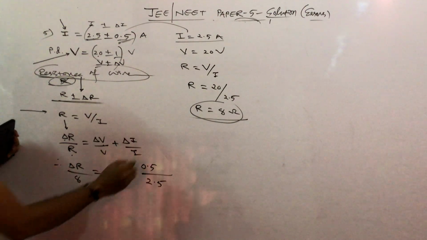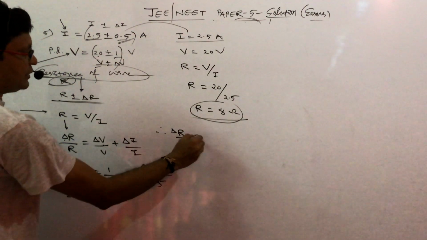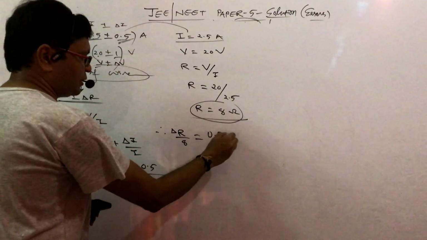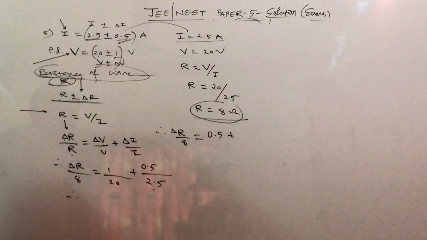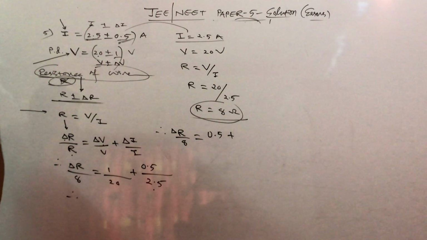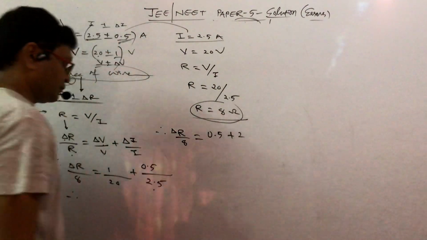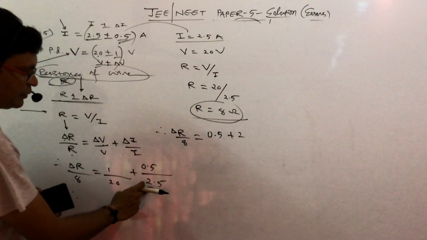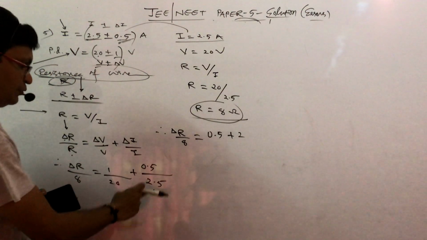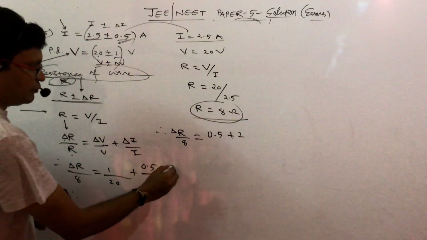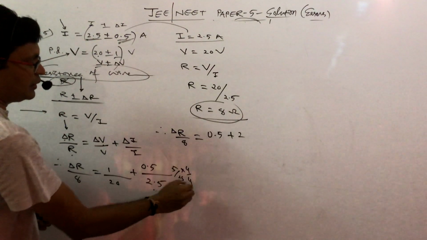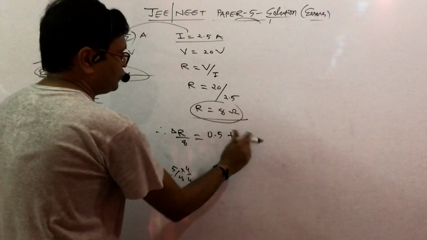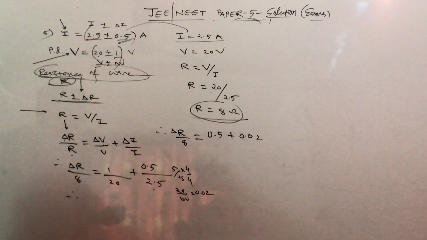So if you think about the solution, then delta R upon 8 is equal to 1 upon 20 plus 0.5 divided by 2.5. There is a mistake, because 0.5 divided by 2.5 is 5 upon 25, that means 20 upon 100, that means 0.02.